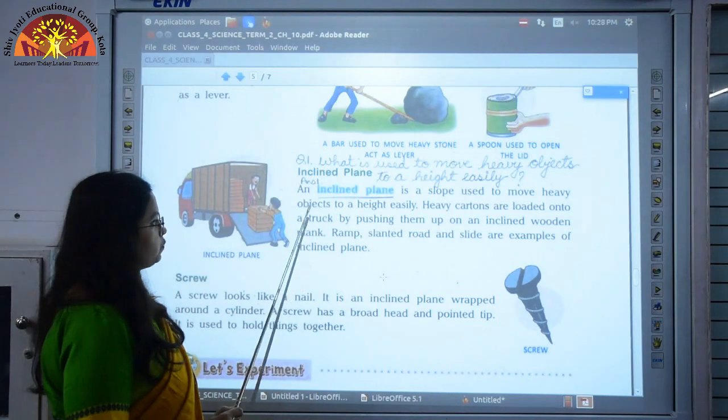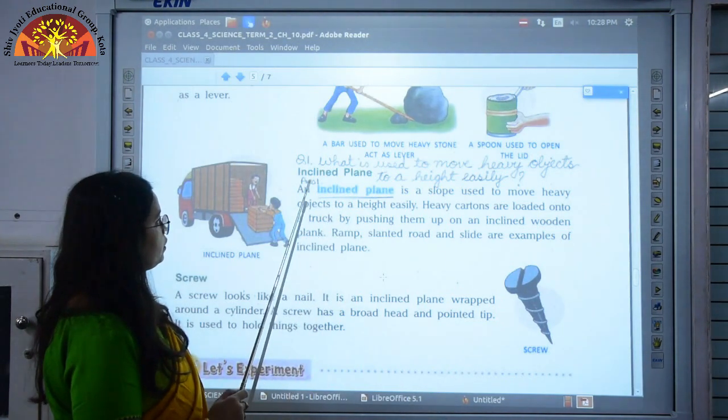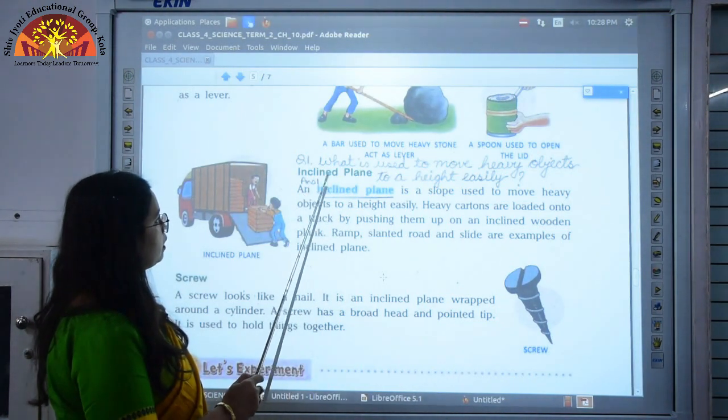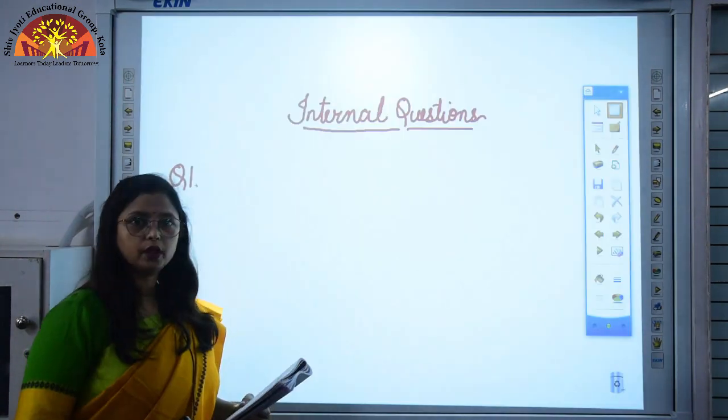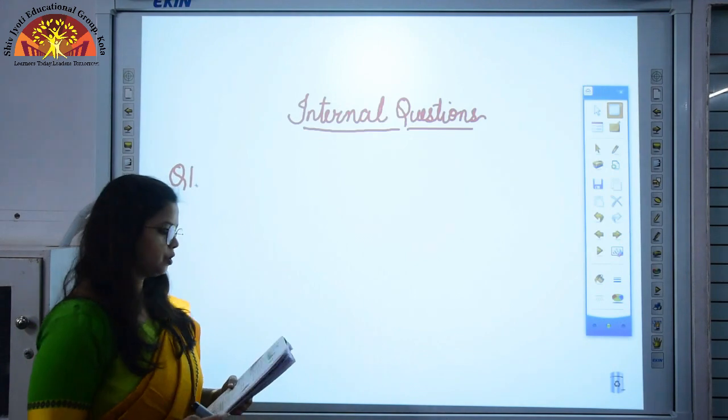Now children, there is one internal question. You have to write it over the paragraph inclined plane. So let us write the first internal question.